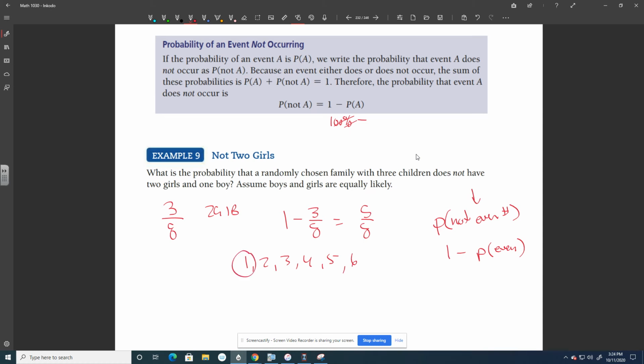That's not even, that is. That's not even, that is. That's not even, that is. Well, there are 3 that are not even out of 6. So I have a 1/2 chance of not rolling an even, which is the same as taking 1 minus the probability of getting an even. Either one works. I don't care which one you use, just as long as you understand what is going on, okay?